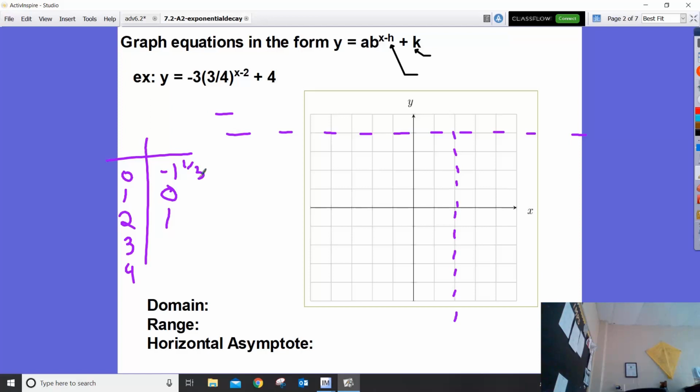You plug in a 3 or the first power, -3 times 3/4 is -9/4. You add 4, you're at 1 3/4. Plug in 4, you're squaring it, it's 9/16.